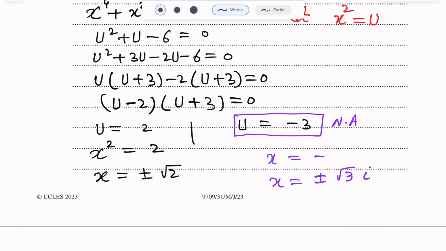Now we will find the values of y. Putting the value of x here, we get two values of y.